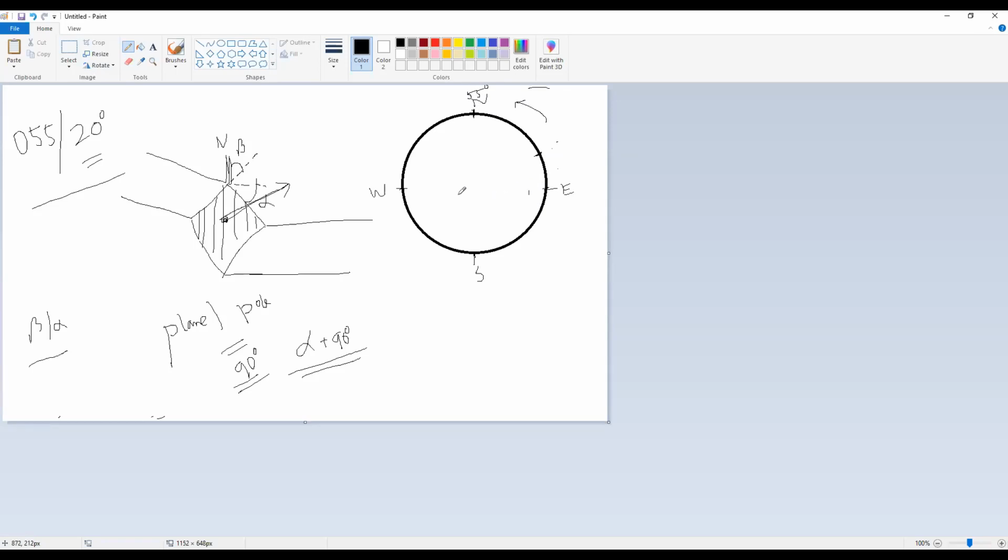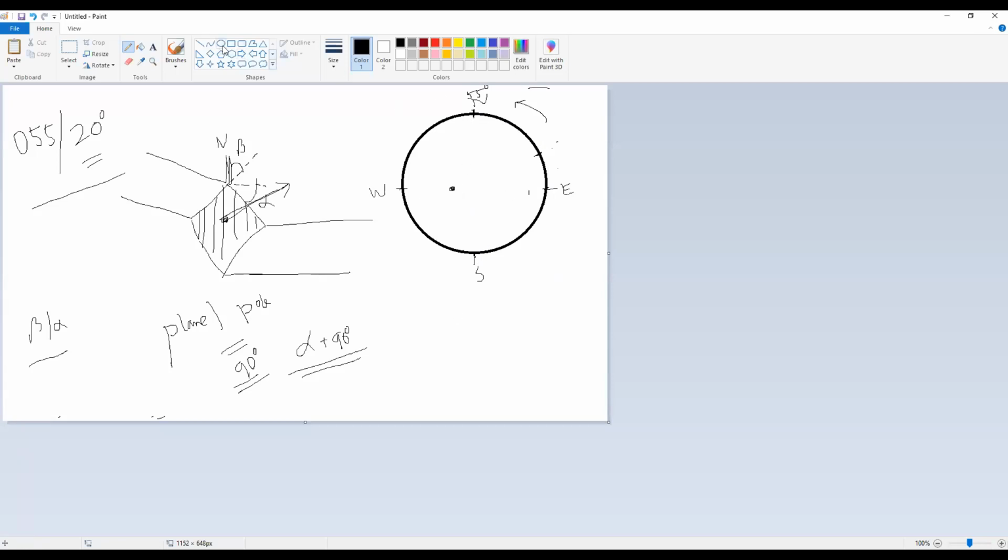Then additionally 90 here. So the pole is always opposite to the quadrant of the great circle. So if the great circle is in the northern part, the pole should be in the southern. If it is in the southern, it should be in the northern. If it is in the eastern, it should be in the western. So this is the point.